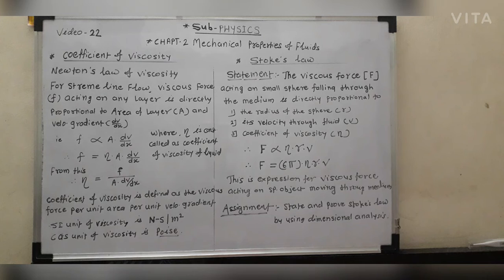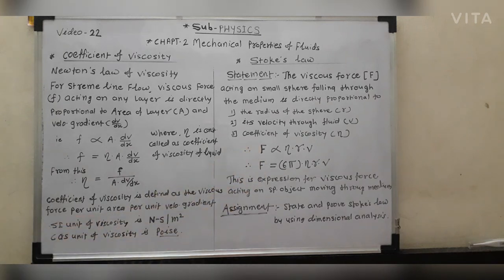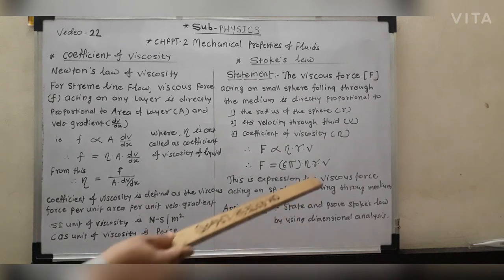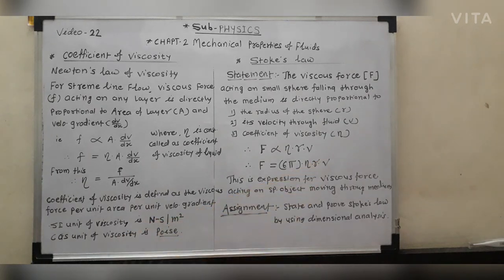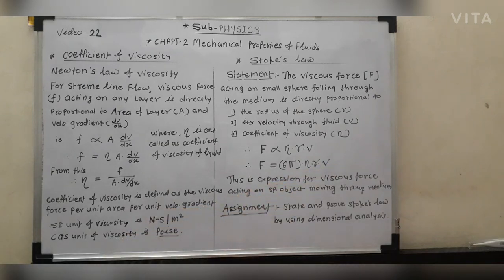You know very well the dimension of force: L1 M1 T minus 2. The radius is a distance, L1. The dimension of velocity is L1 M0 T minus 1, because it is L by T. How do you find the dimension of viscosity?